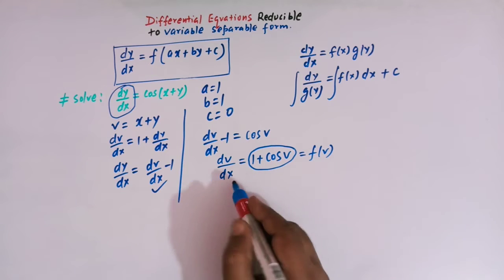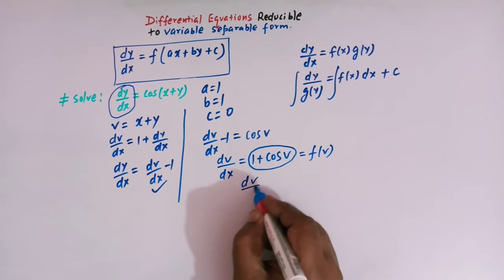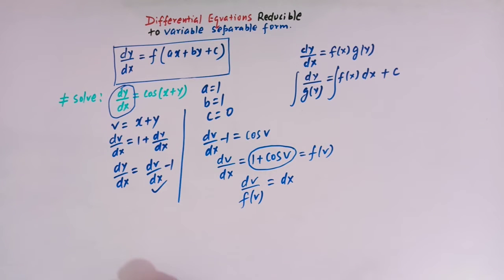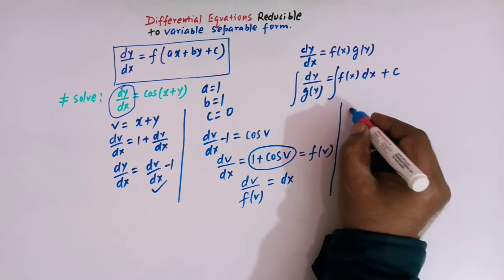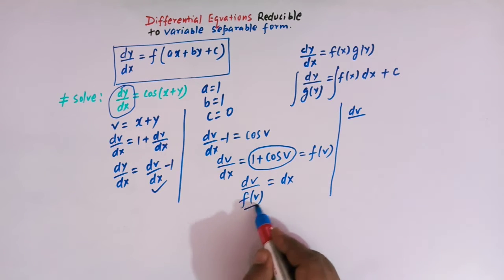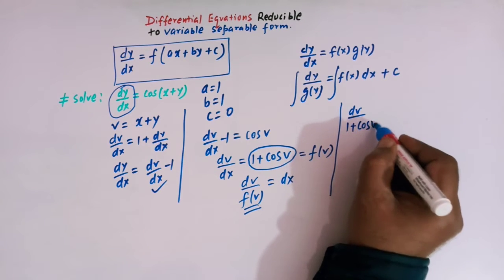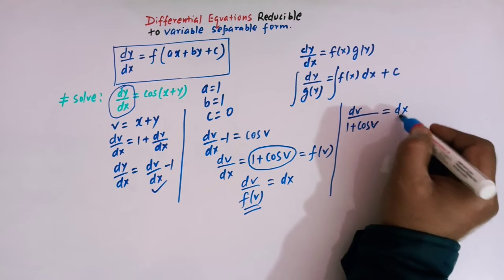So we can now separate the variables v and x, so we have dv over f of v equal to dx. Here f of v is 1 plus cosine of v, and here we have dx.